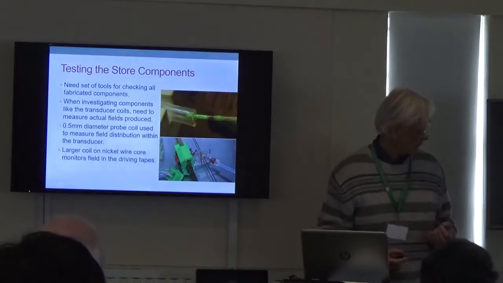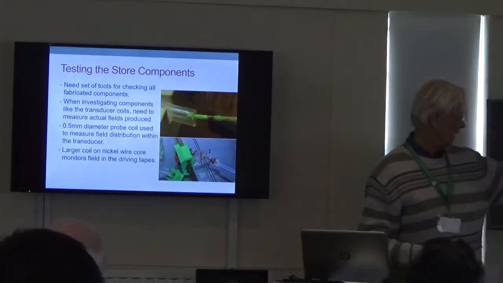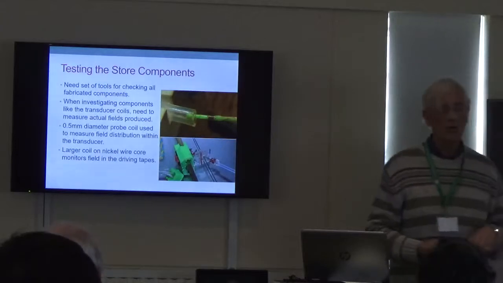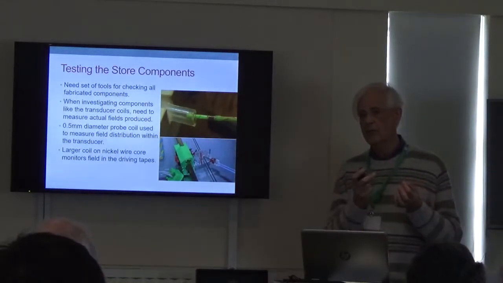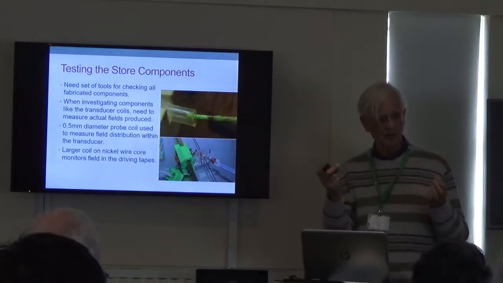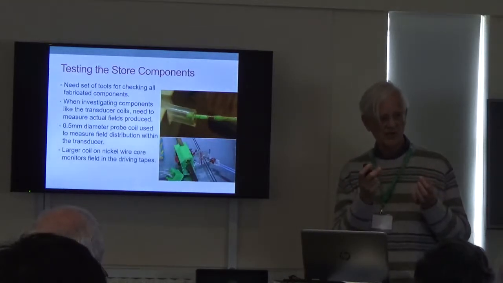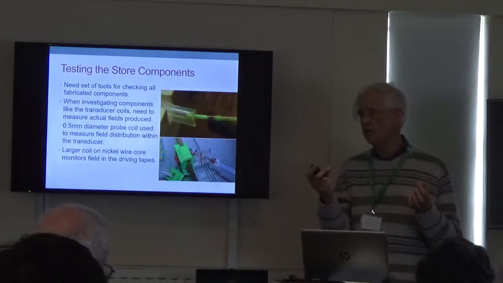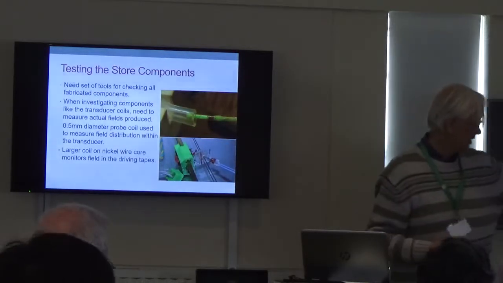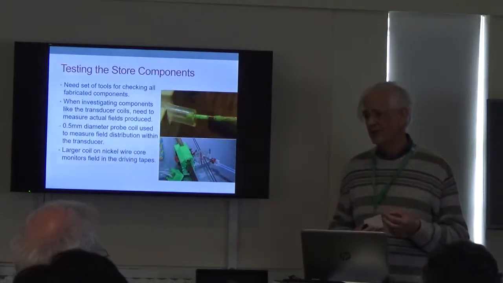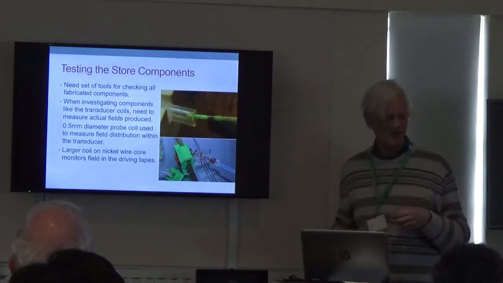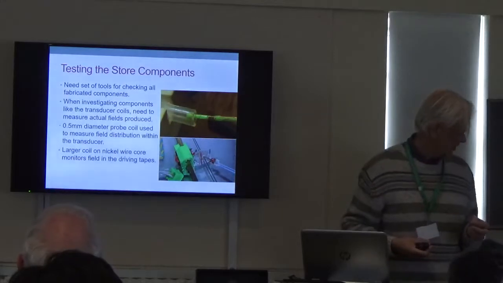So here, for example, is a probe coil wound so that it will fit down the 0.7mm bore of the transducers, and let us measure the longitudinal field profile. This is actually bristle off the brush I used to clean down my workbench, with 10 turns of coil on the end.